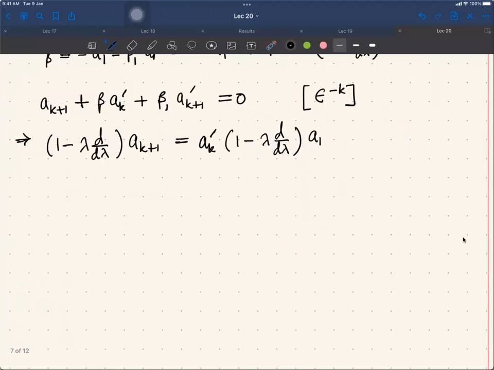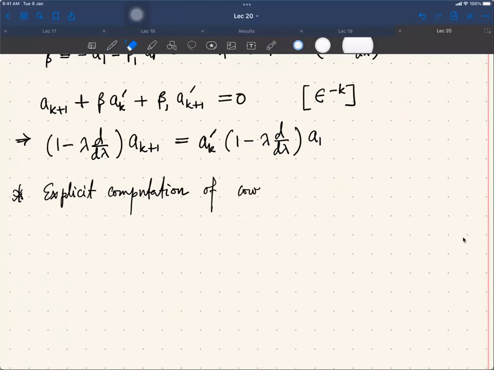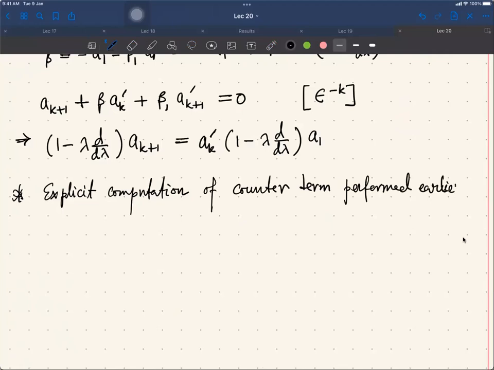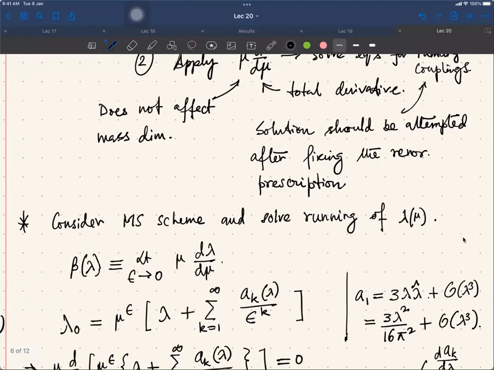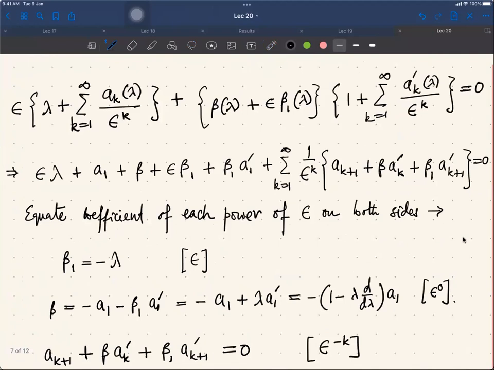So an explicit computation of the counter term performed earlier gives you mu d lambda d mu to be equal to the result that I have written down here.